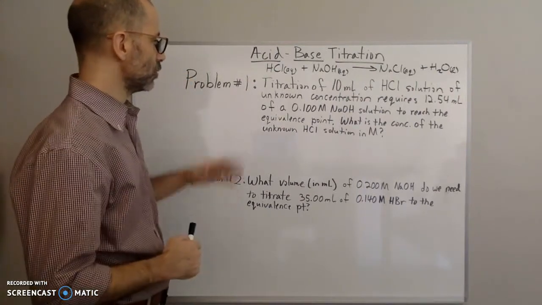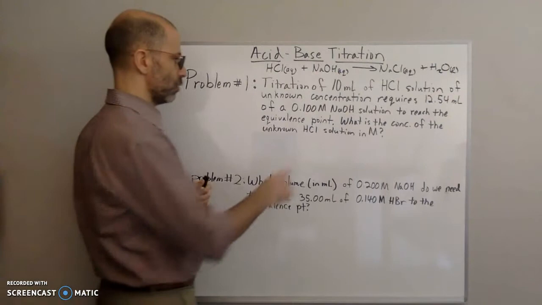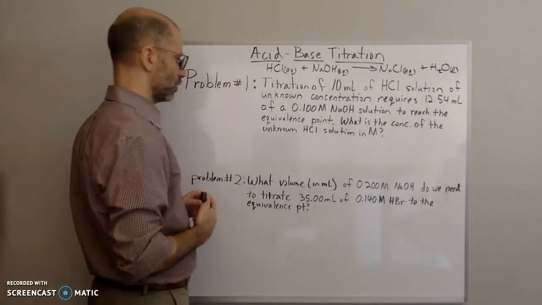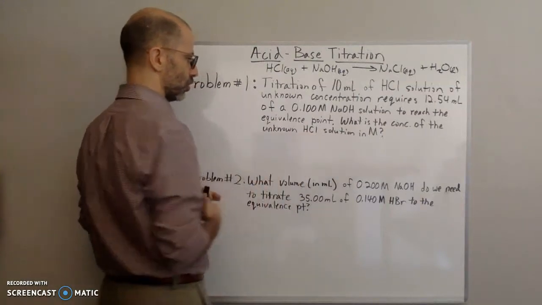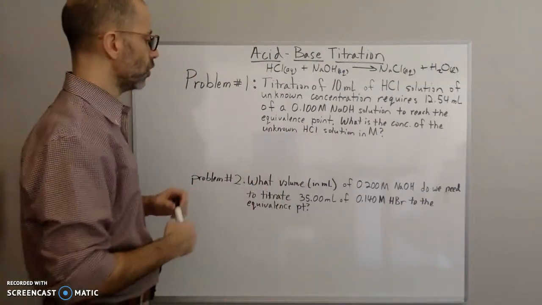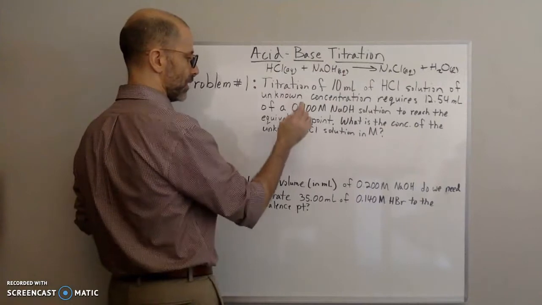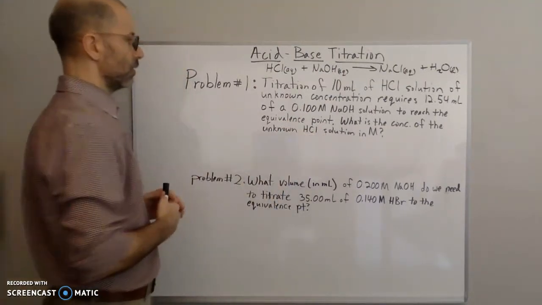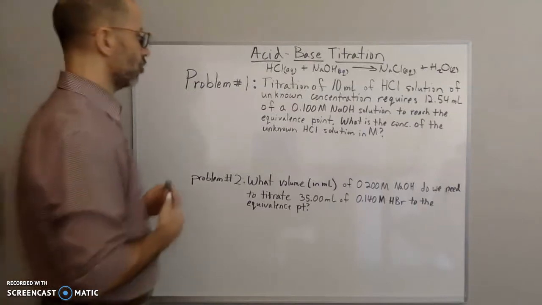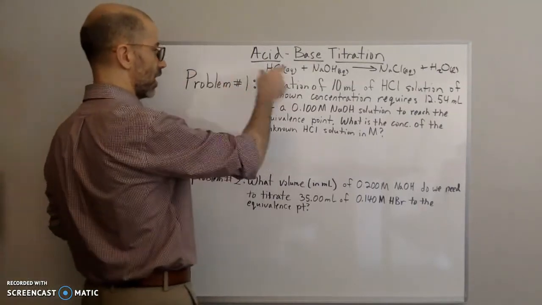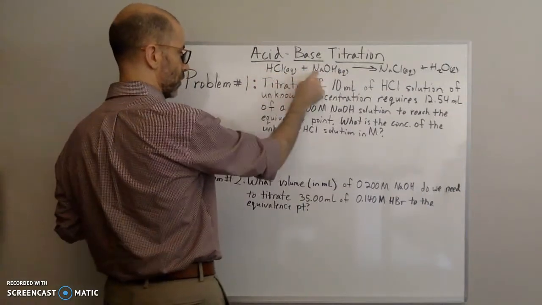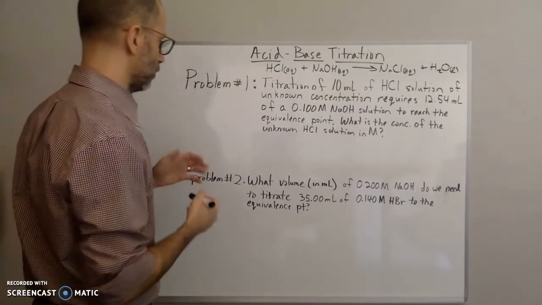The second thing is you've got to figure out where you're going to start. It's asking, what is the concentration of the unknown HCl solution, in moles per liter. So what you need to find is the number of moles of HCl. We know that the mole ratio between HCl and NaOH is 1:1, so that's going to be helpful.